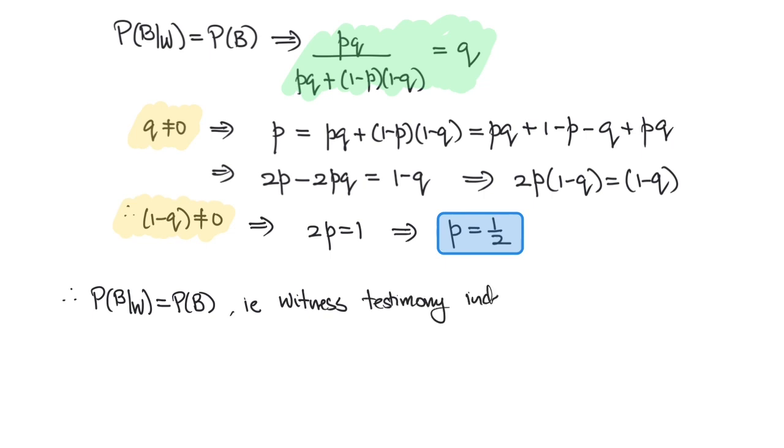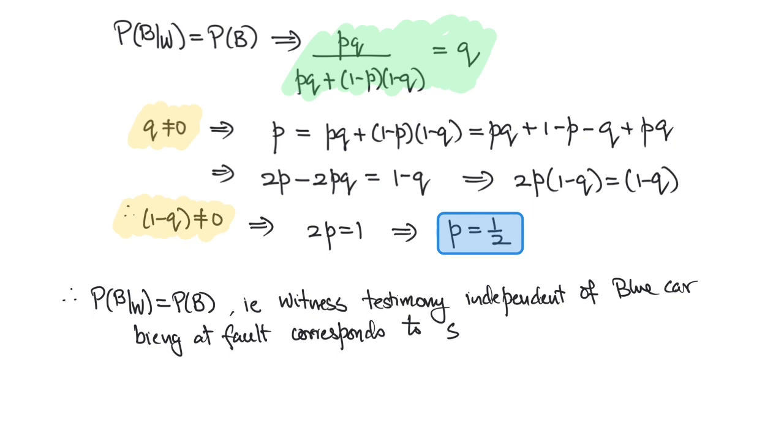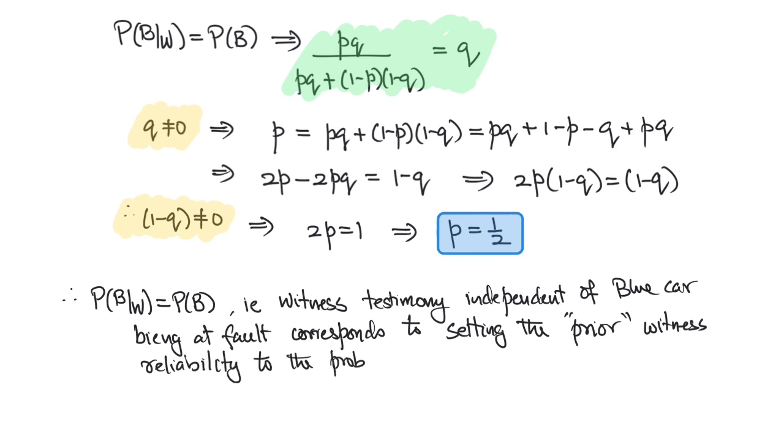Therefore, we now have that the probability of B given W equals the probability of B. That is, the witness testimony being independent of the blue car being at fault corresponds to setting the prior witness reliability to the probability of a fair coin toss. That is, we are setting P to be equal to half.